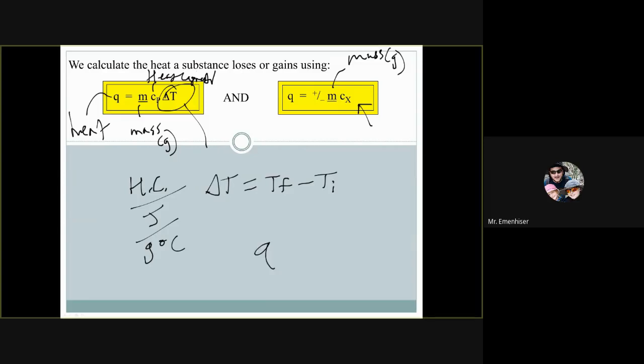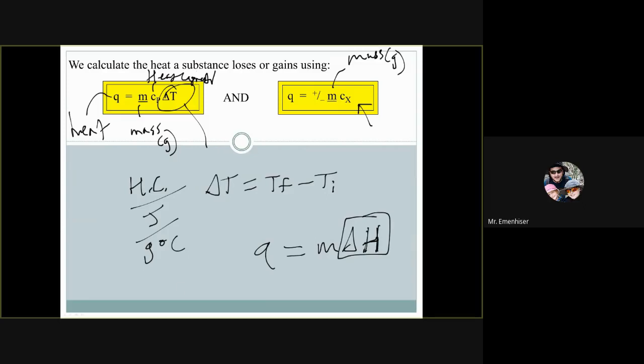So I like to write this equation as Q equals M times delta H. What can happen here is we will find a delta H that we need from a table or from the description of the problem. It could be the delta H of vaporization, the energy required to boil water, or it could be the delta H of fusion, the energy required to melt water.